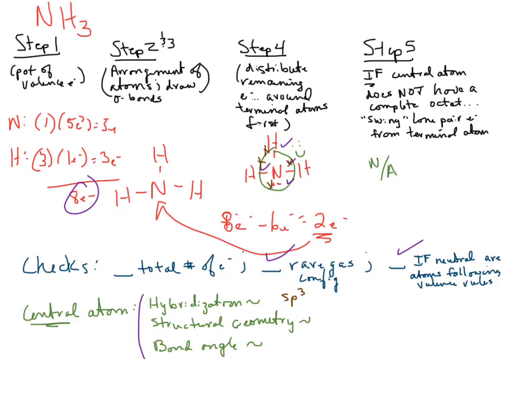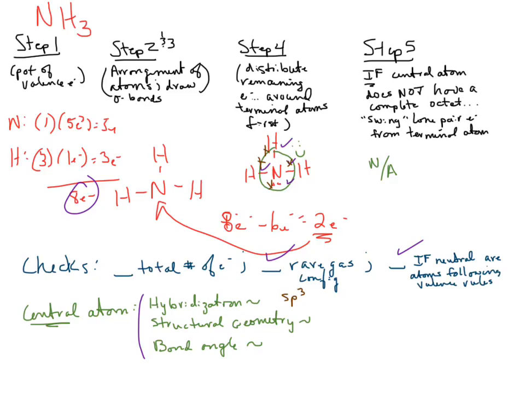Now that last part is a set of questions about the central atom. Which atom's the central atom here? It is nitrogen. This table, which you have as a slide in your background information, can help you with that last part.